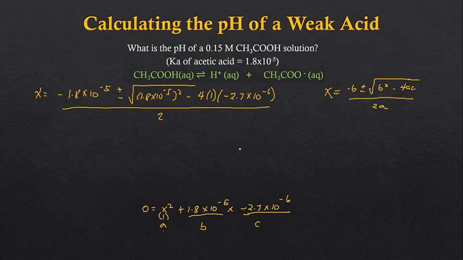Okay? So, you will get negative 1.8 times 10 to the negative 5 plus or minus the square root of, so anong 1.8 times 10 to the negative 5 squared? That is equivalent to 3.24 times 10 to the negative 10. Okay. Ano naman itong 4 times 1 times 2.7 times 10 to the negative 6.